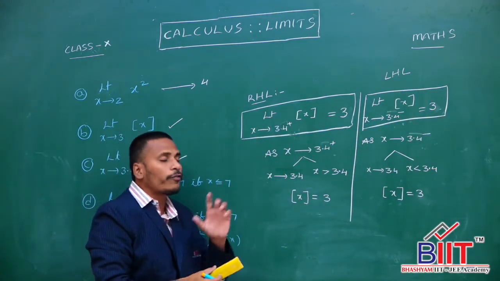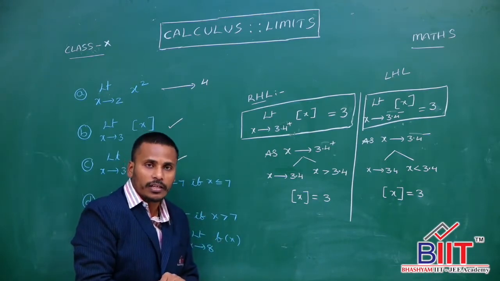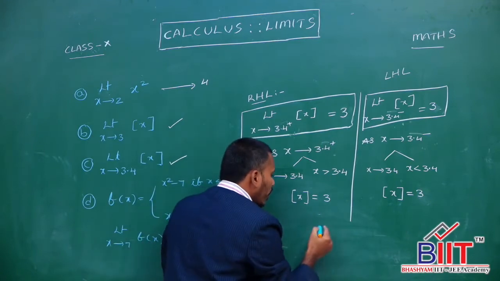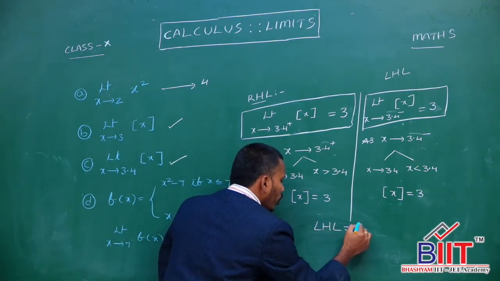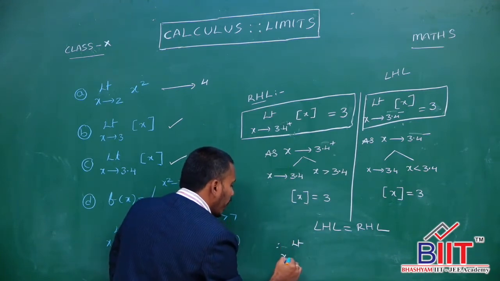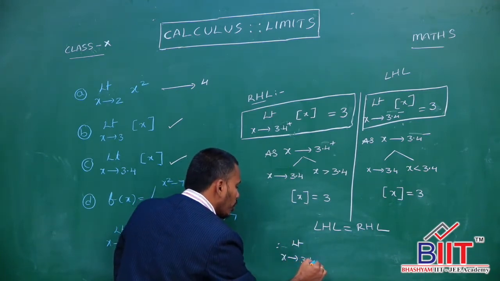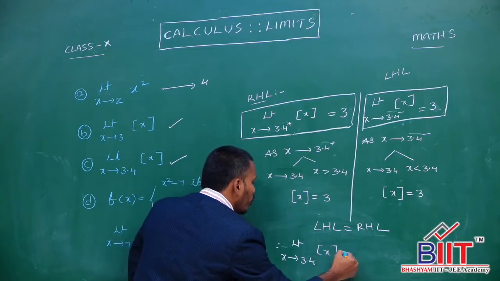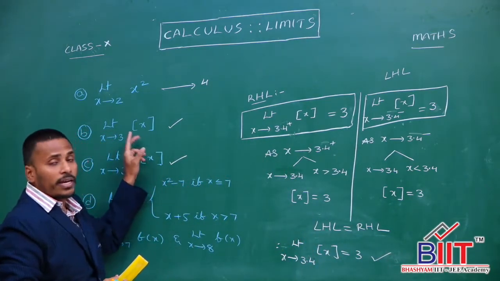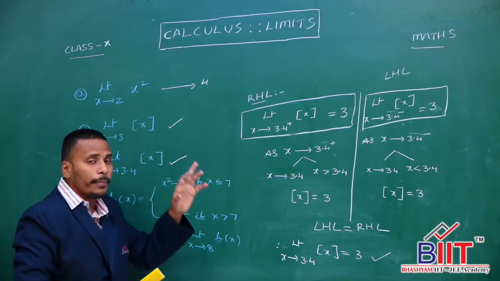So at 3.4, for the function step x, the right hand limit is 3 as well as the left hand limit is 3. So here the left hand limit is equal to the right hand limit. Since these two are equal, we conclude that as x tends to 3.4, step x value is 3, and the limit exists. For the function step x, as x tends to 3, the limit does not exist.